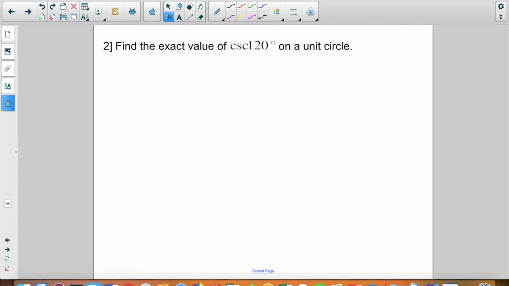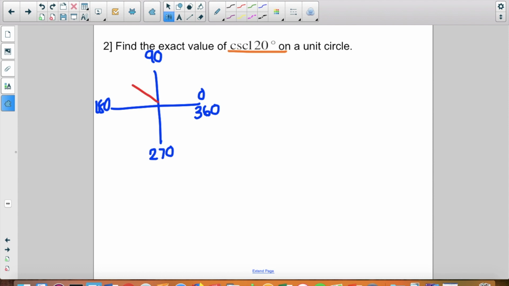All right, find the exact value of cosecant of 120 on a unit circle. Let's figure out where 120 is. 0, 90, 180, 270, 360. So 120 is going to be somewhere over here.